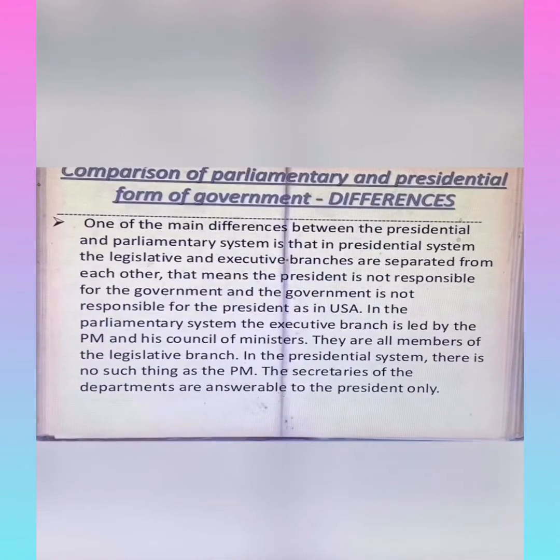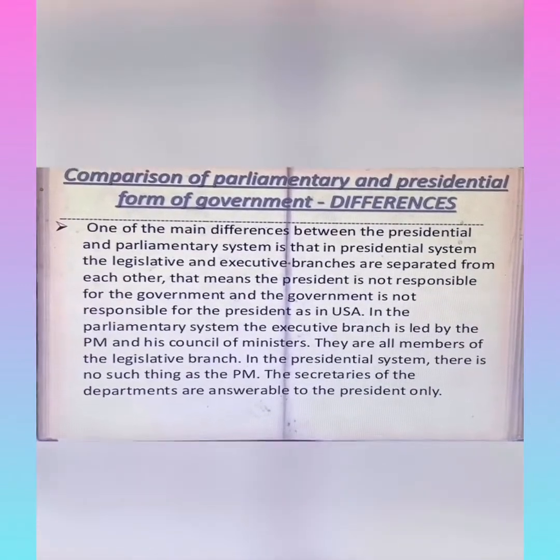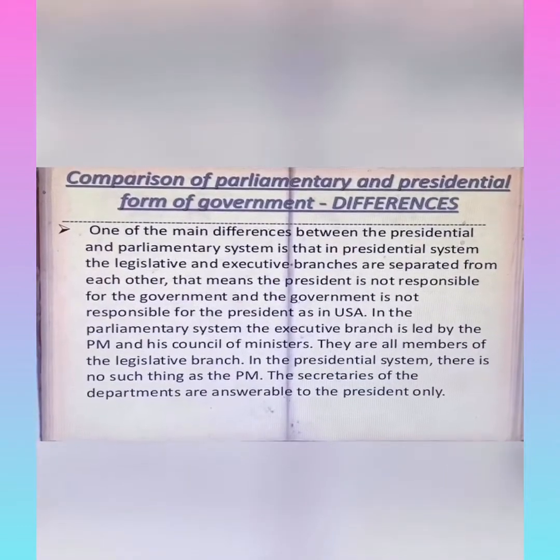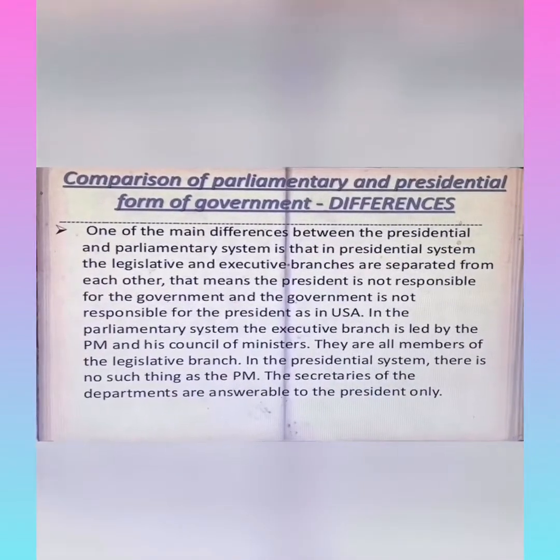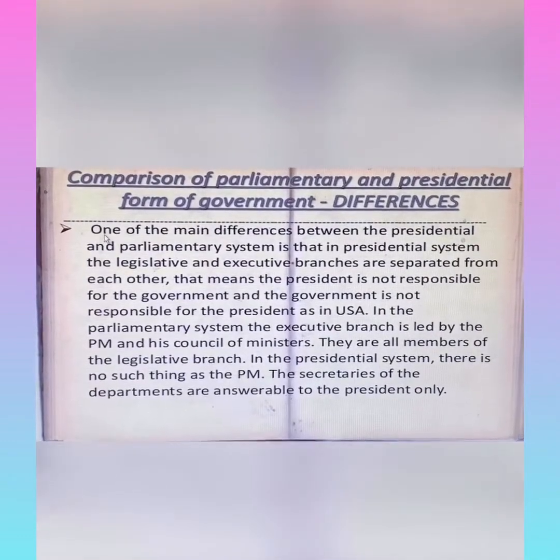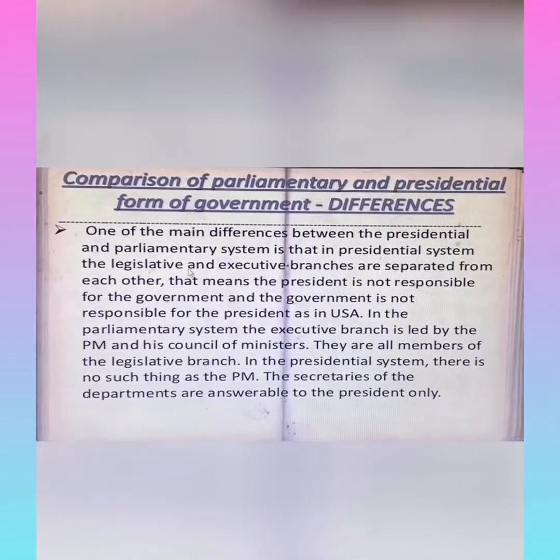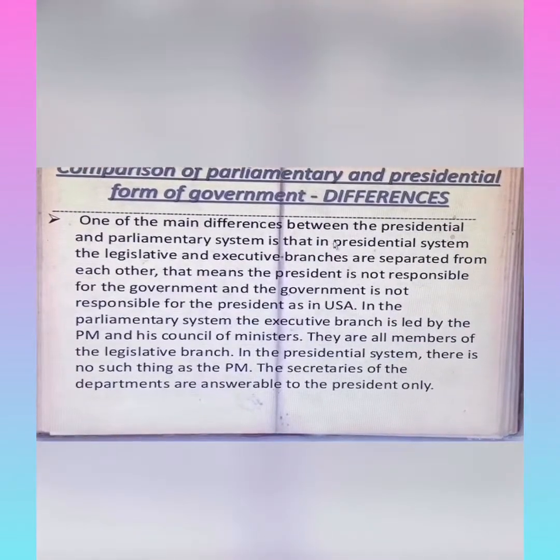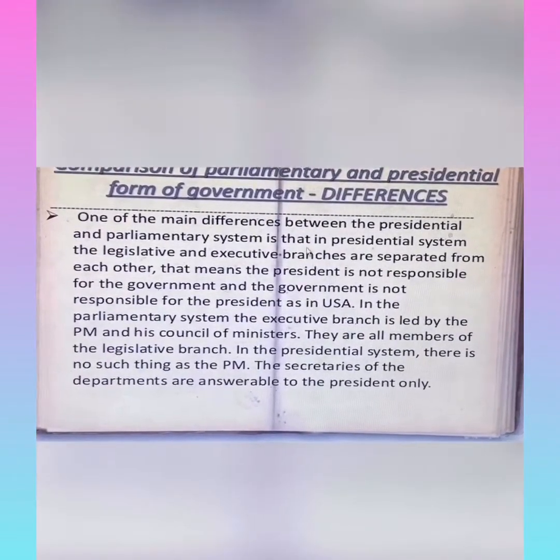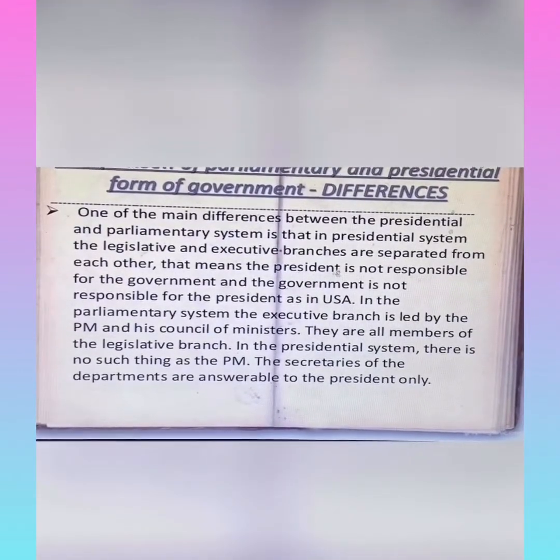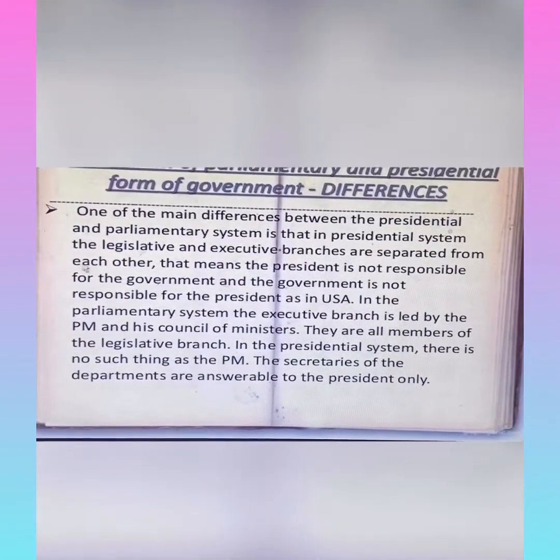Second point, while the US has the presidential form of government, India has the parliamentary form of government, which I have told you earlier also. Here you can see the slide. One of the main differences between the presidential and parliamentary system is that in presidential system, the legislative and executive branches are separated from each other.